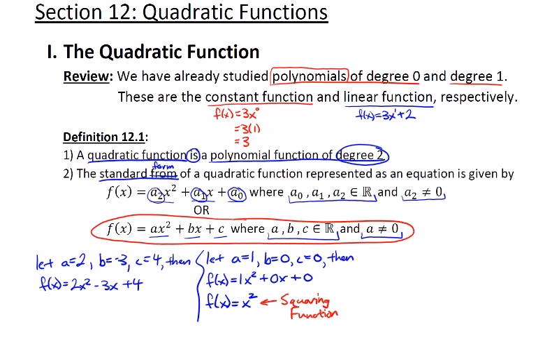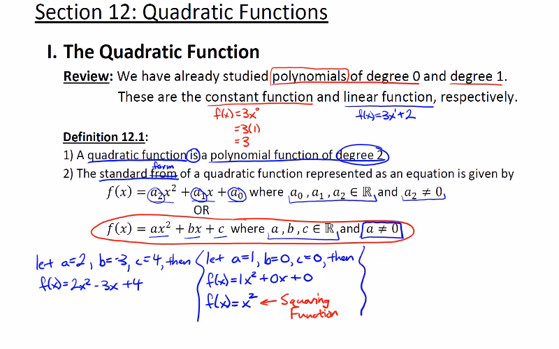And I want to do one more example with you, because there's one thing about this definition for the quadratic function equation that we haven't really addressed. I talked about it briefly, but I didn't really address it fully, and that was the fact that a is not allowed to be 0. I was always that kid that if you were told not to push the red button, I wanted to know what would happen when you push the red button. That's how I was when I was a kid. And so now I'm the same way.